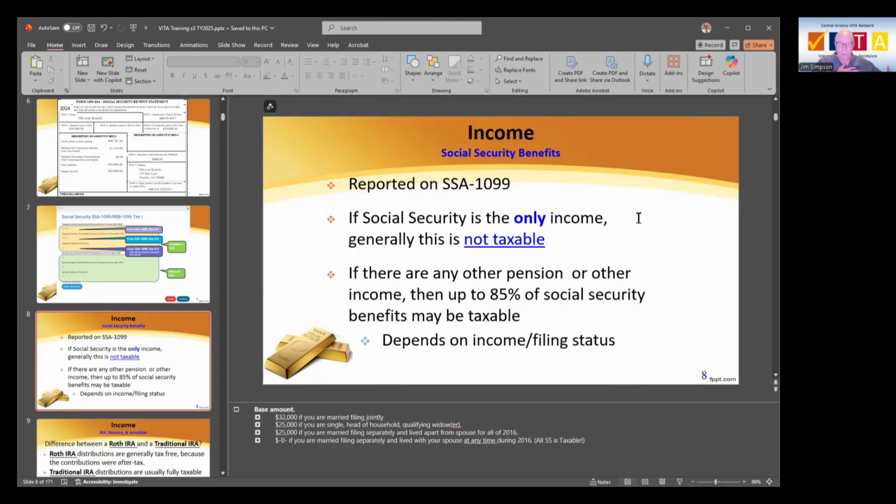But as long as that income's under 32,000, your Social Security is not taxable. But then it starts to become taxable. 50% becomes taxable then, and the more income you make, the higher percentage of your Social Security is taxable, until it caps out at 85%. The maximum is 85% of your Social Security. I forget where that happens, like it's somewhere around 40,000 for married filing jointly.